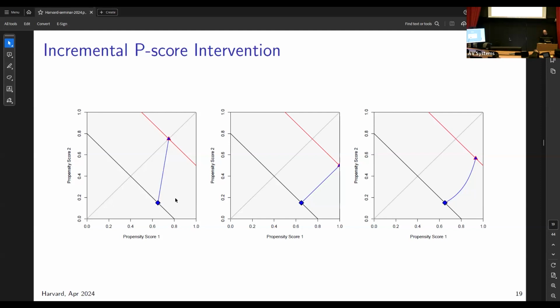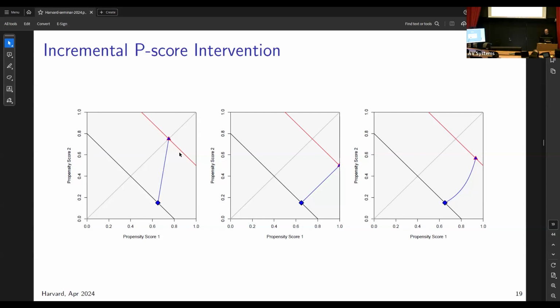In fact, for any pair of points on this black diagonal line, the average propensity score will be 0.4. Imagine that's where we live. And then we say, what if we lived in a world where instead we're up on this red line? On the red line, the average propensity score is about 0.75. Any pair of points on that line corresponds to a pair of propensity scores that average to 0.75.